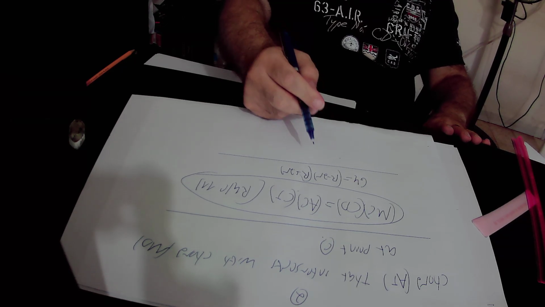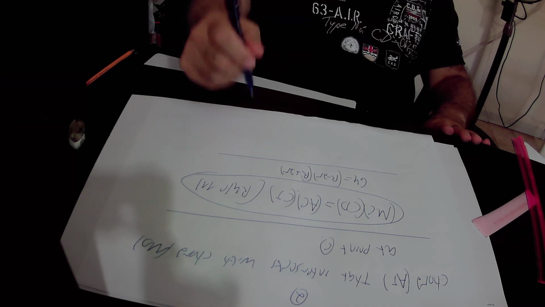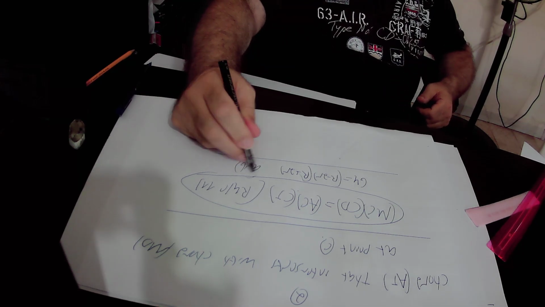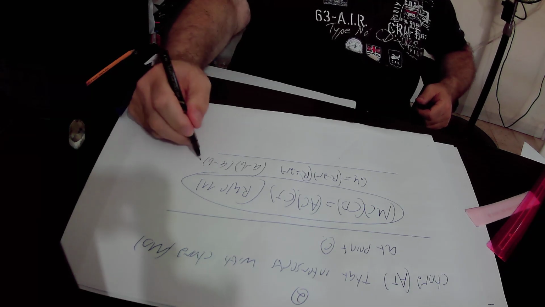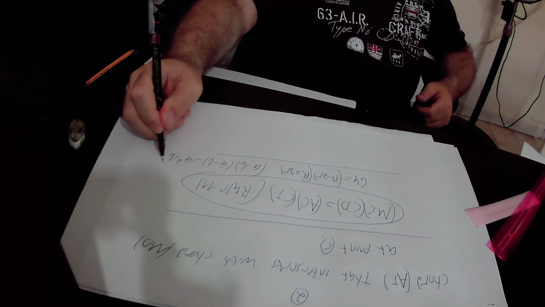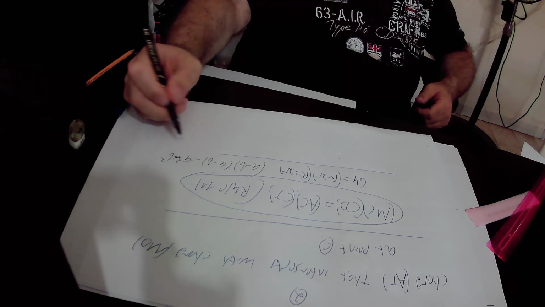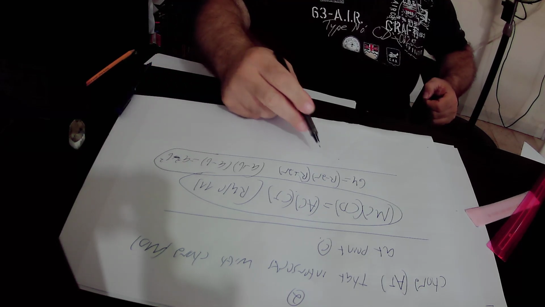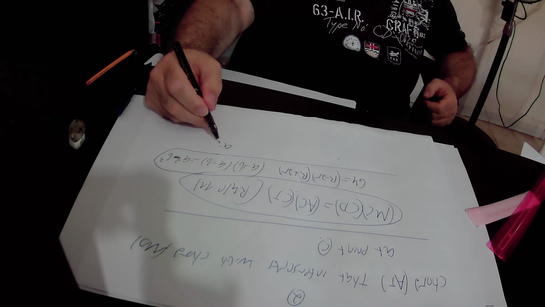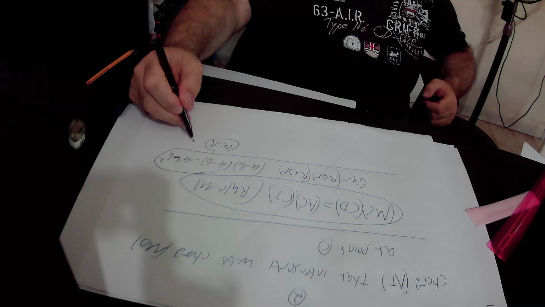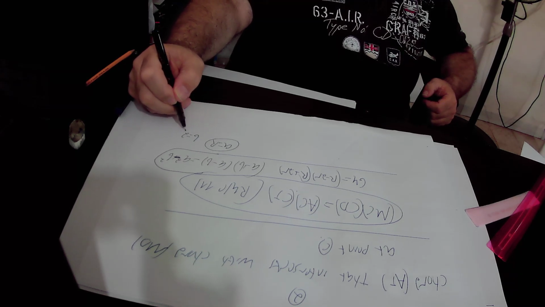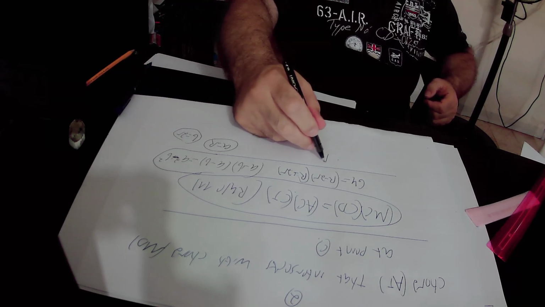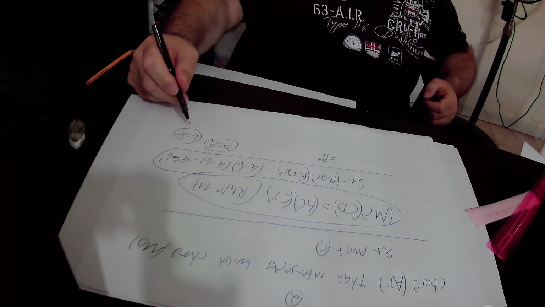This expression, according to the algebraic identity that A plus B times A minus B equals A squared minus B squared, where A equals capital R and B equals 2R, will be equal to capital R squared minus 2R squared.